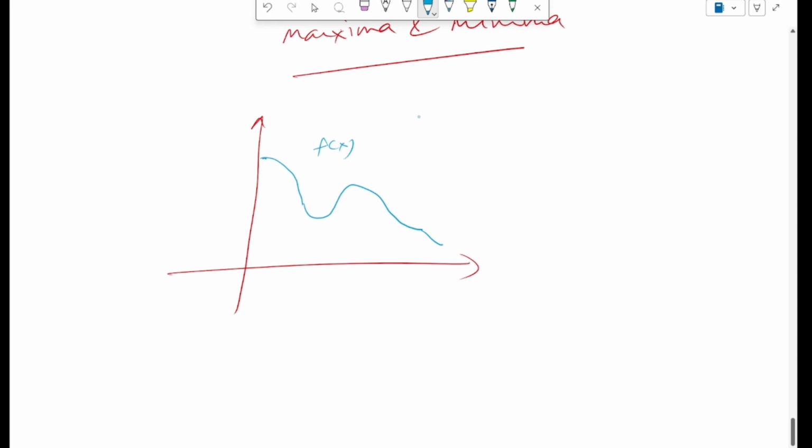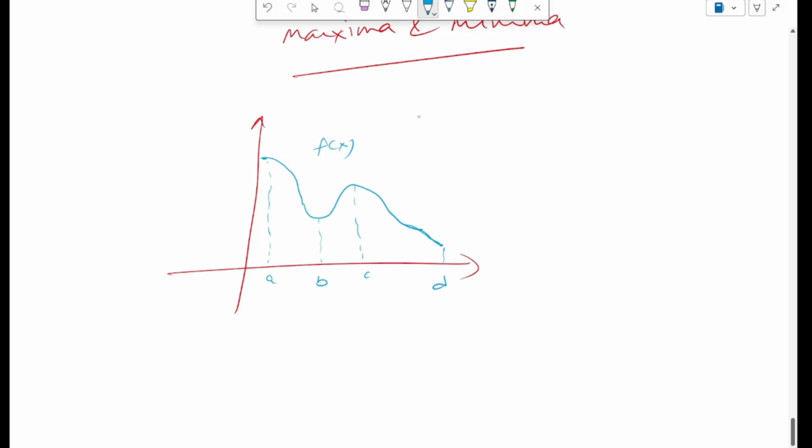At points, let's say this is A, this is B, this is C, and there is no turn here, it simply just went down, and this is, let's say, D. So by looking at this graph, what can you say about its nature, whether it is increasing or decreasing, in which portion it is increasing, in which portion it is decreasing.